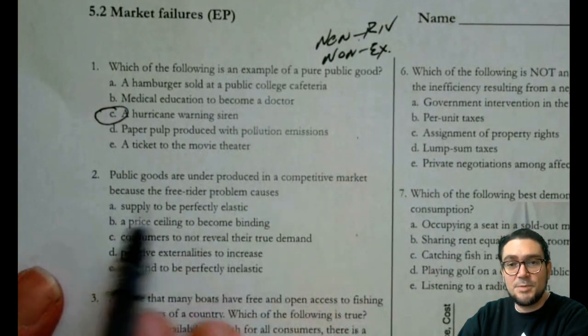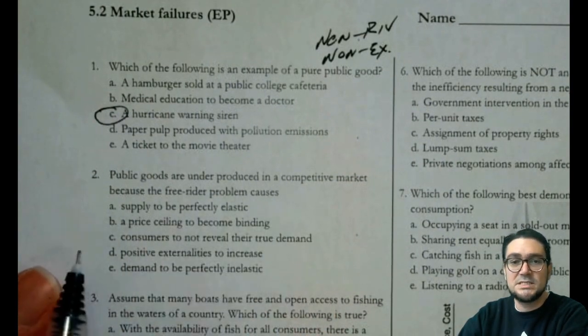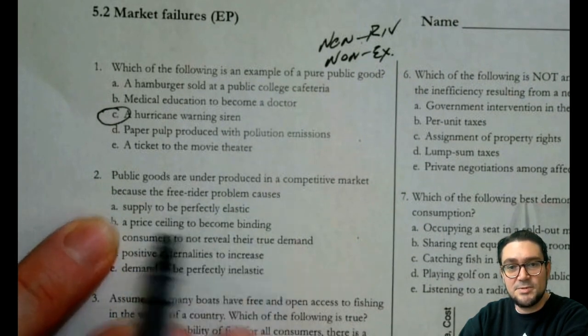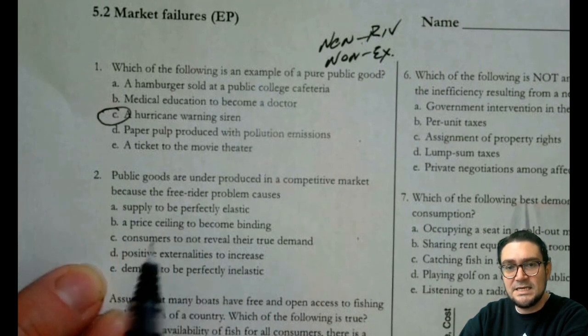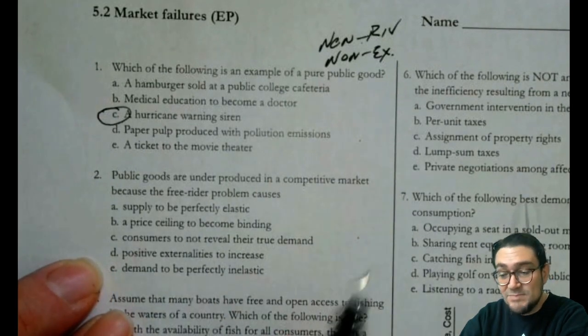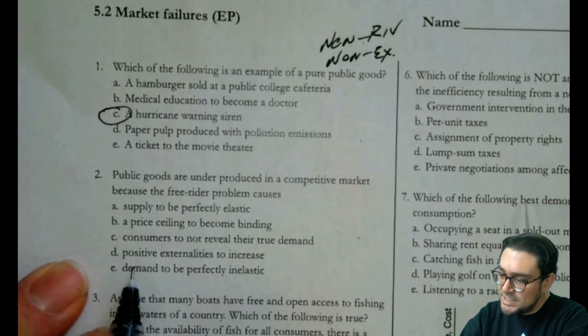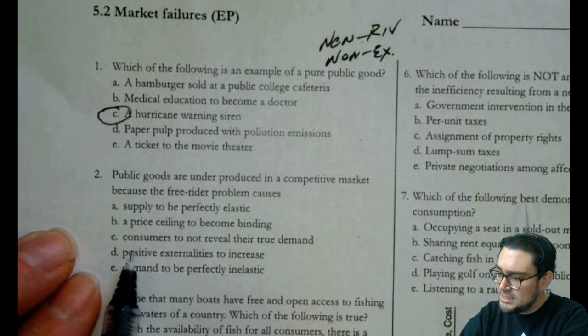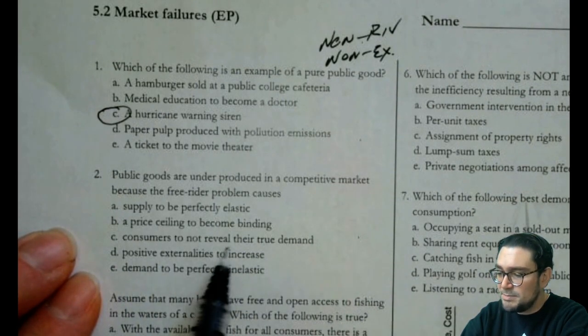Public goods are underproduced in a competitive market because the free rider problem causes consumers to not know, positive externalities, no, demand to be inelastic, no, price ceiling binding, supply to become perfectly elastic. This is really a hard thing to think through a little bit because it's not immediately apparent. But what it actually is is that we have positive externalities to increase, no, price ceiling to become binding, consumers to not reveal their true demand.